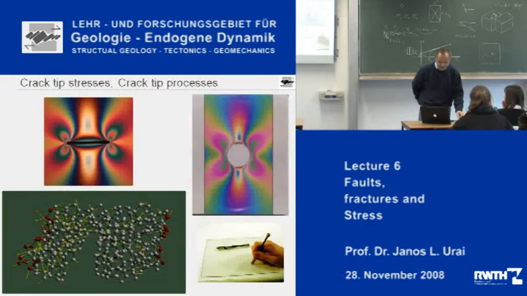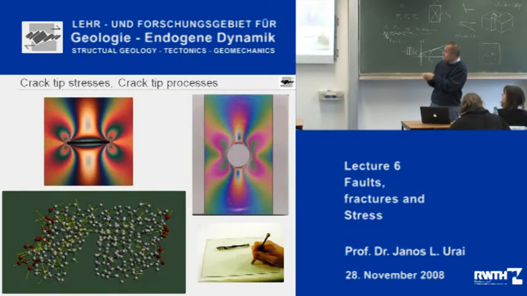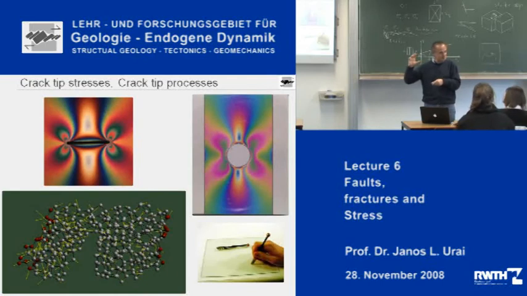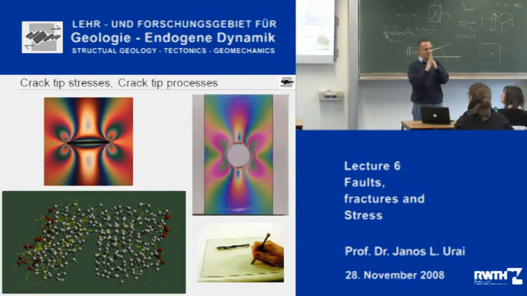What happens in practice is, these are some very beautiful photoelastic simulations of the stresses at the tip of the crack. And this is an atomic model of the tip of a crack. So we are now looking at Angstrom scale at the crystal structure. And what you see is that the crack at one point is not sharp anymore.